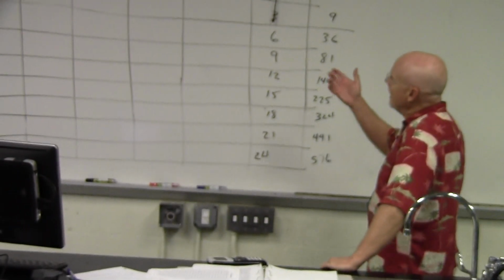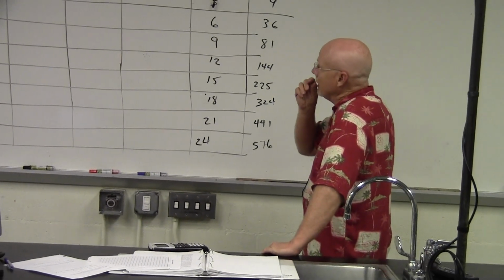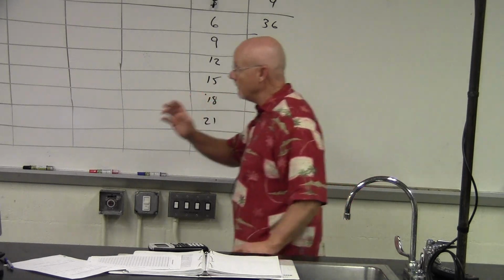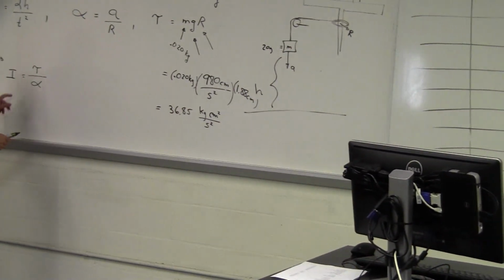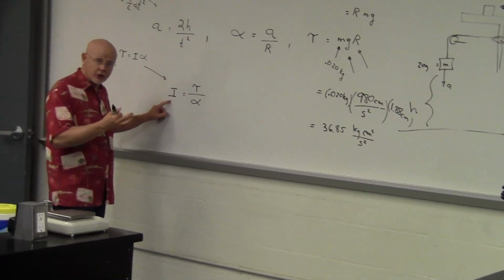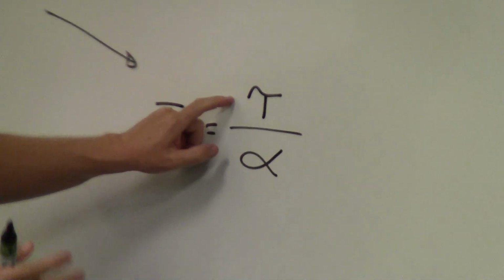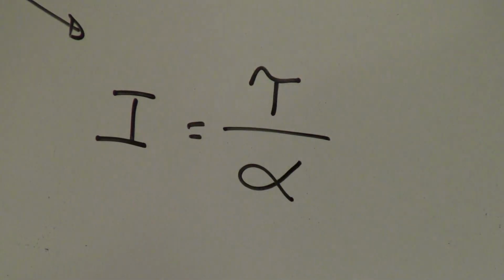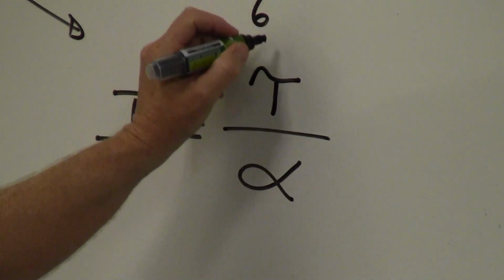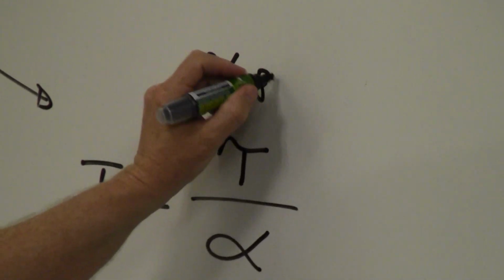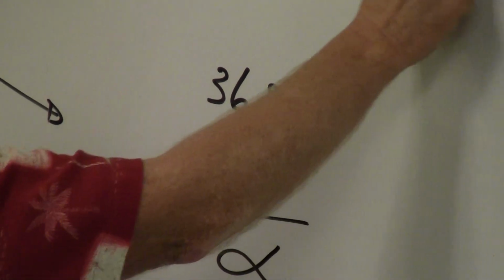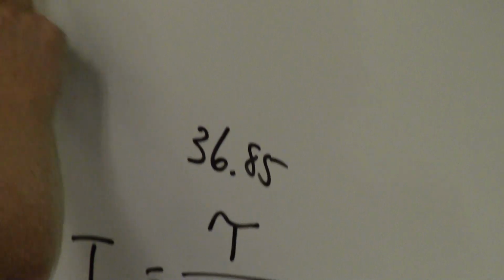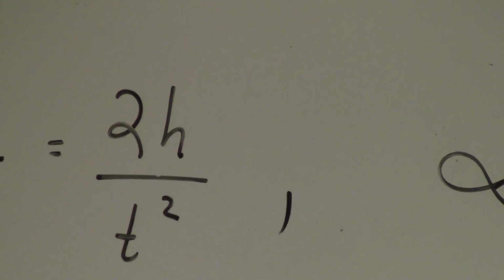So like I said, I wanted to do that calculation here. And like I said over here, you're going to need that number because to get the rotational inertia, you got to take that number we just calculated, that 36.85. And we'll divide it by our angular acceleration, which we get from our linear acceleration, which we get from the height and time.